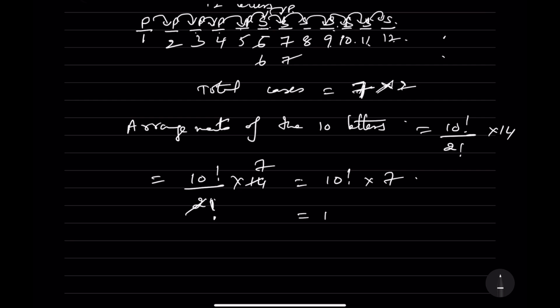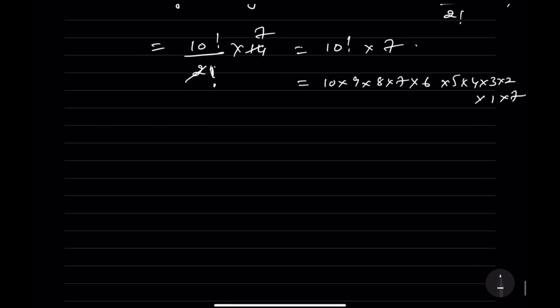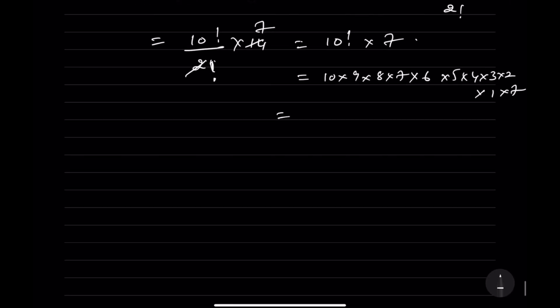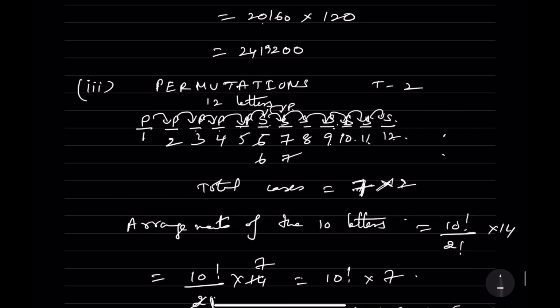So this will become 10 into 9 into 8 into 7 into 6 into 5 into 4 into 3 into 2 into 1 into 7. Which is equal to 90 into 56 into 30. This is 720 into 7, which is equal to 25401,600. So therefore you could understand this, isn't it?